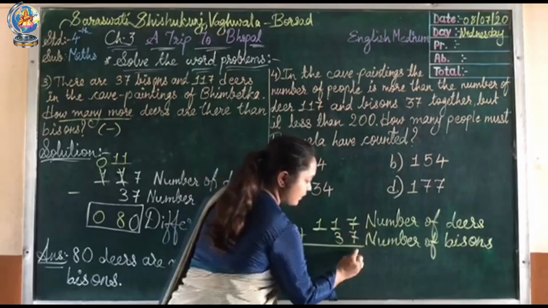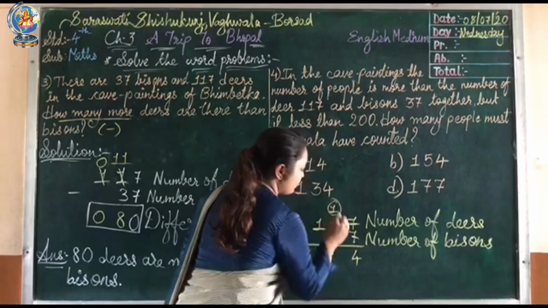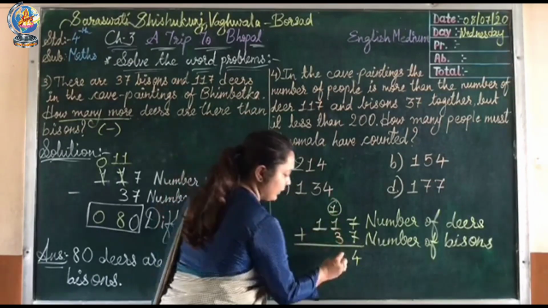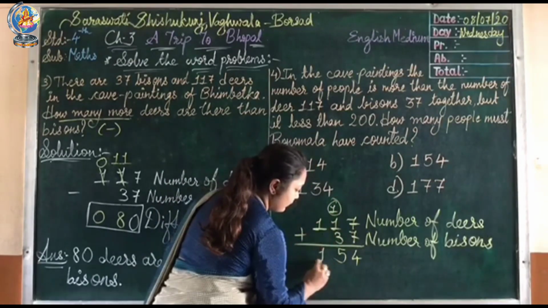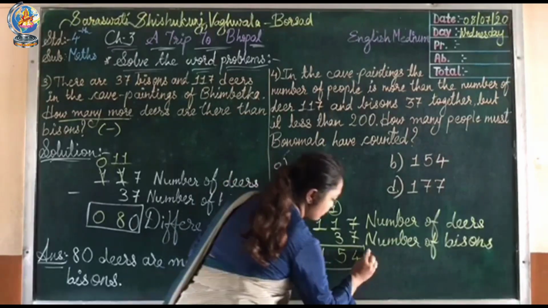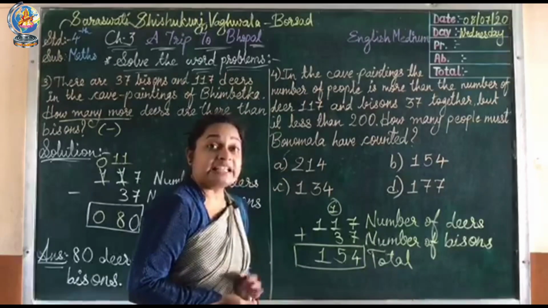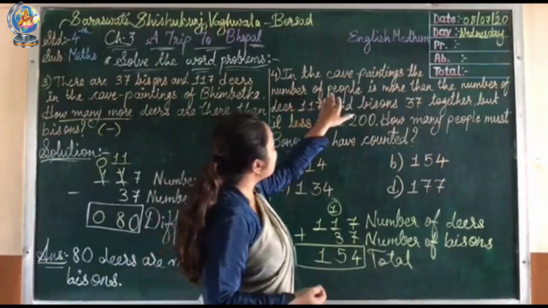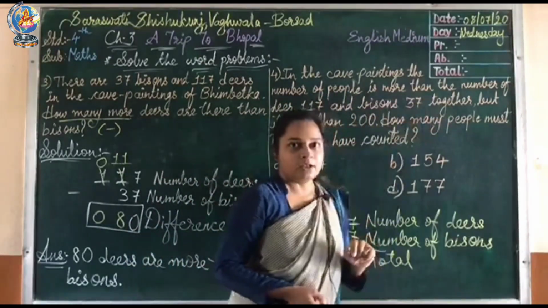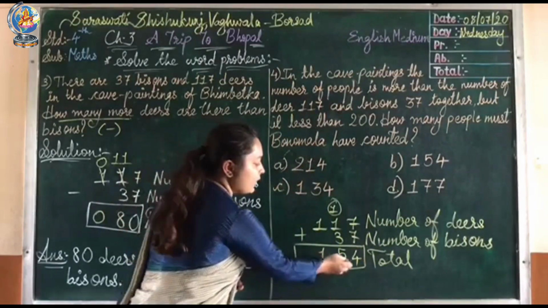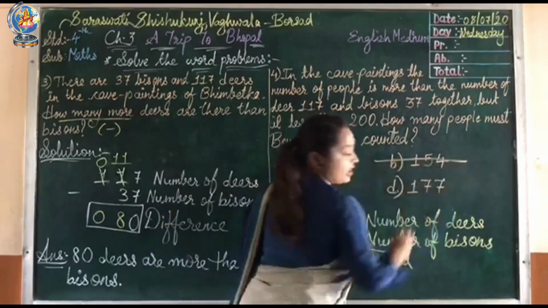So 7 plus 7, 14. 1 carry goes with 1 here. 1 plus 1 plus 3, 5. And here 1 will remain as it is. So the total is 154. But it is said that the people is more than. It means 154 will not come.